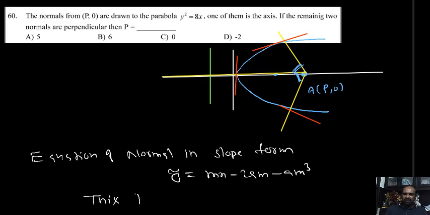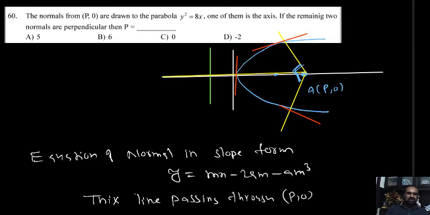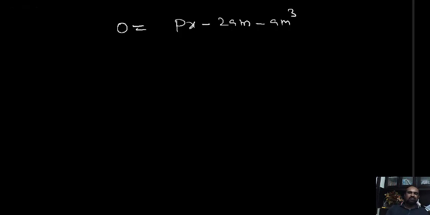Okay, no problem. This normal line passes through p comma 0. So instead of y I can write 0, instead of x I can write p. 0 equal to pm minus 2am minus am cube.